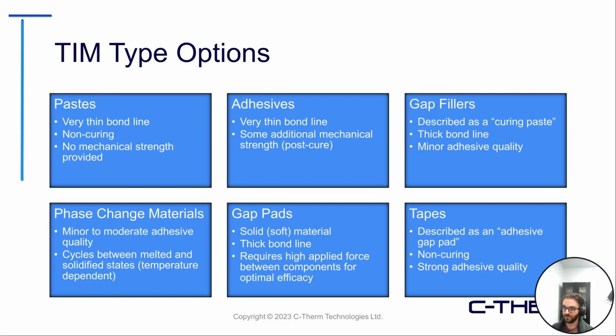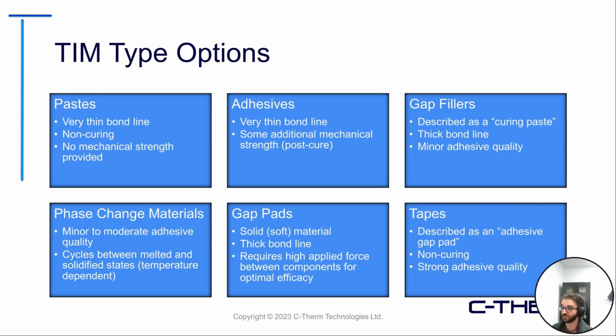So for example, pastes, top left there, create a very thin bond line and they're non-curing. This is typically what you'll see if you've ever built an electronic system or put a computer together, putting thermal paste between, let's say, your CPU and your cooler. Then everything is mounted together through additional mechanical mechanisms.